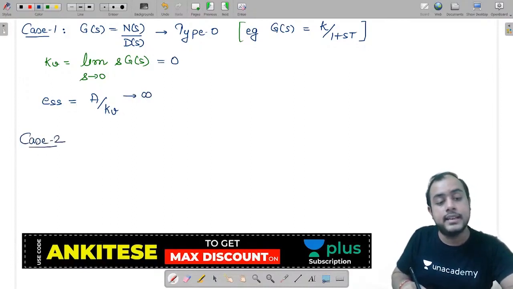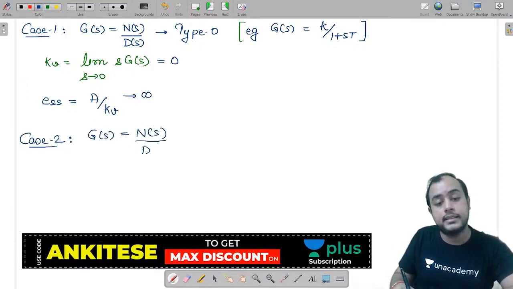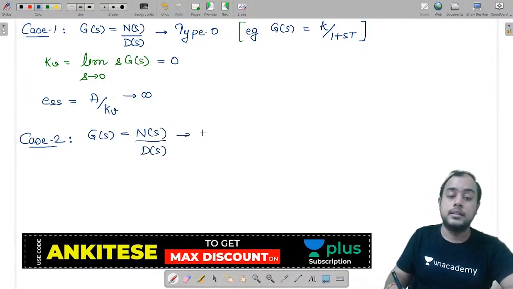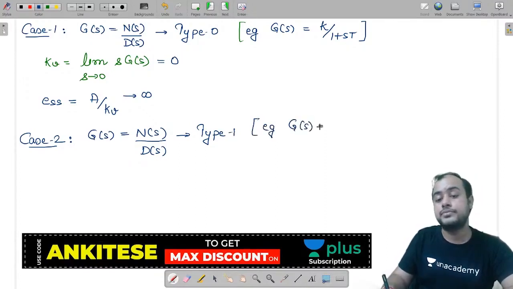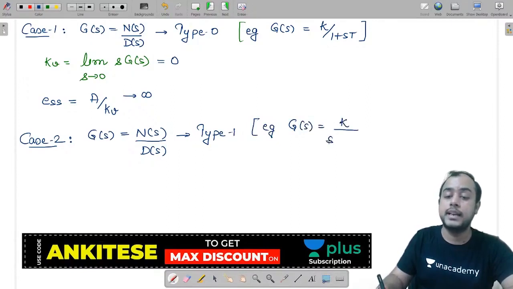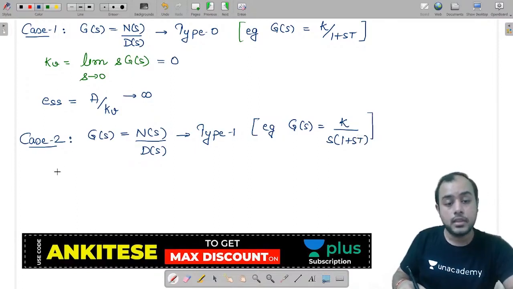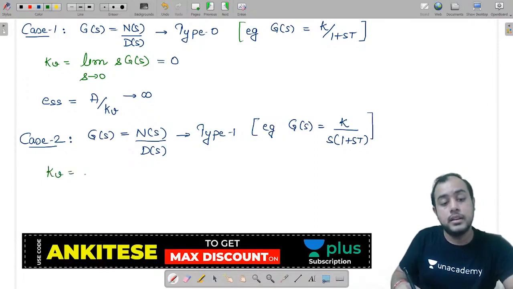Let us take the second case, my friend. G(s) is N(s) by D(s), that is your type 1. Now let me take an example of type 1, suppose something like this. Now Kv is limit s tending to 0 of sG(s).